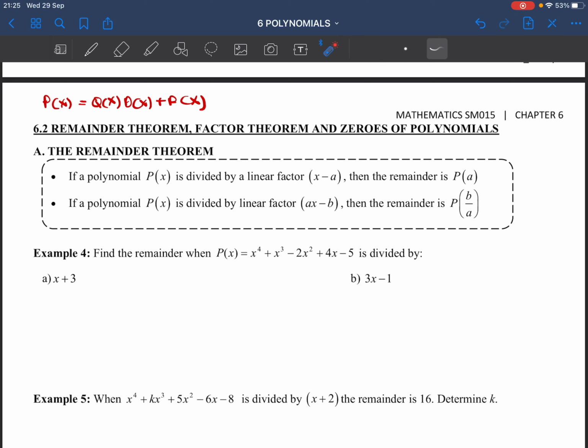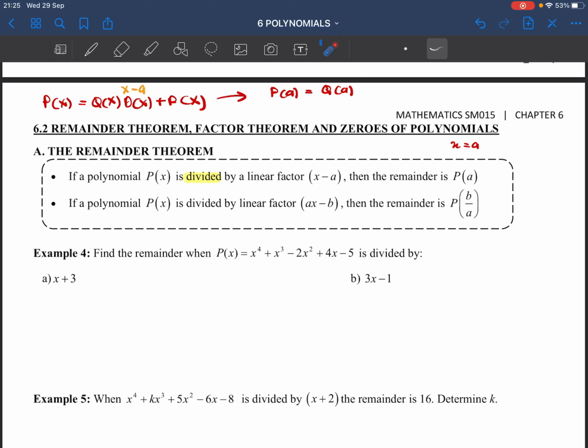And then what is the remainder theorem? Stated here: if a polynomial P(x) is divided, the keyword here is divided, which means that is your divisor, by a linear factor x minus a, then the remainder is P(a). What does that mean? Using this formula, let's say your divisor is x minus a, so we have x equals a. Then P(a) equals Q(a) times D(a), where D(x) is your divisor x minus a.